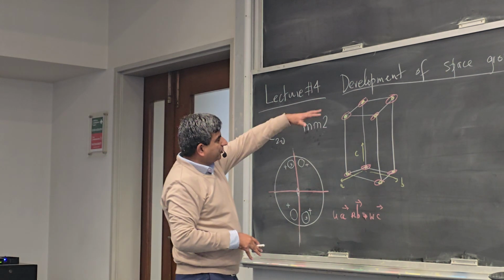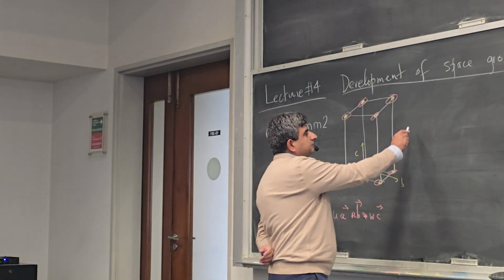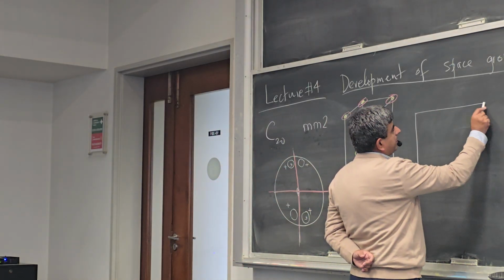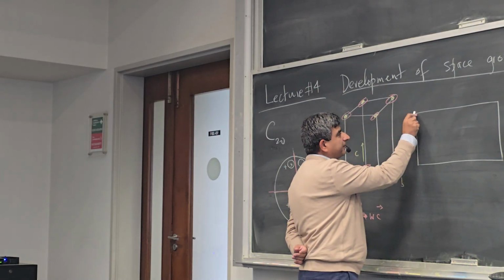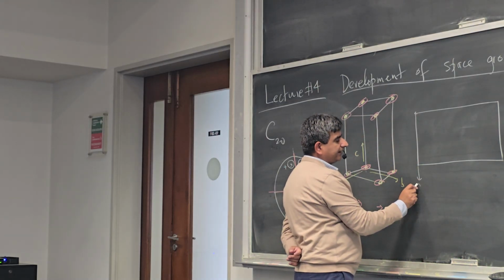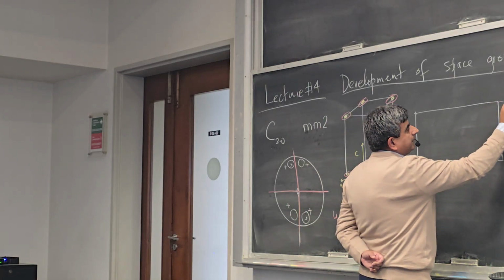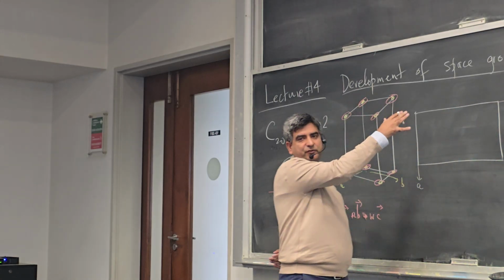So if I view from the top, right? So this is my origin. Say this is my a-axis. This is my b-axis. Okay. So I'm viewing from the top.